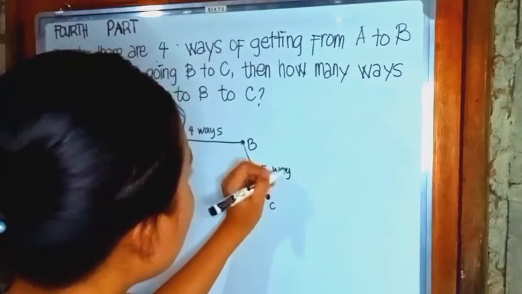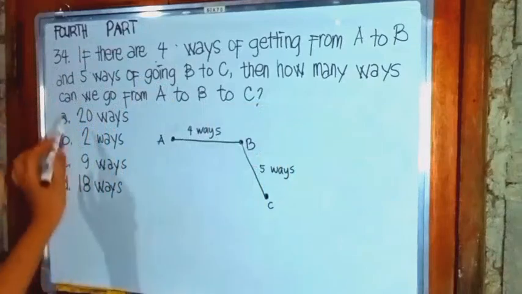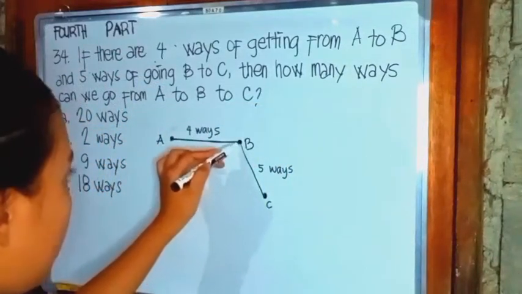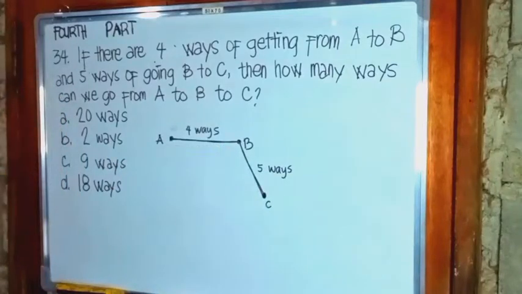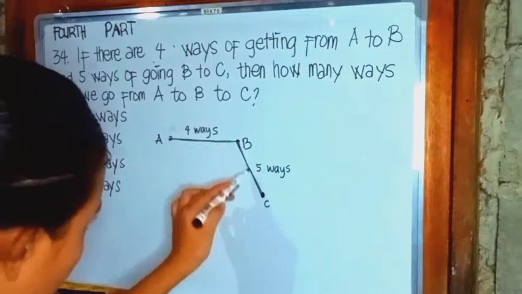Now, the problem is, how many ways can we go from A to B and B to C? Obviously, A to B is 4, and B to C is 5.